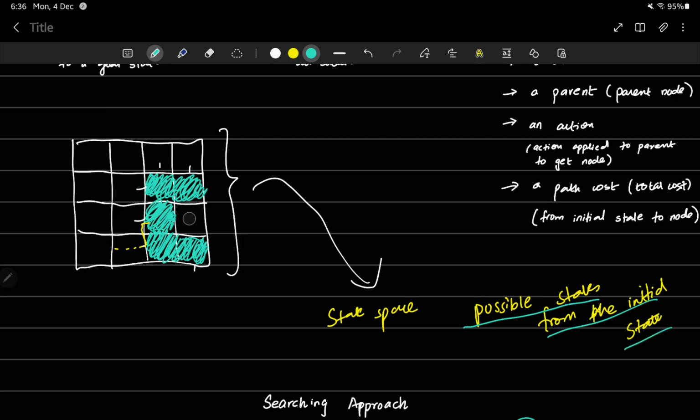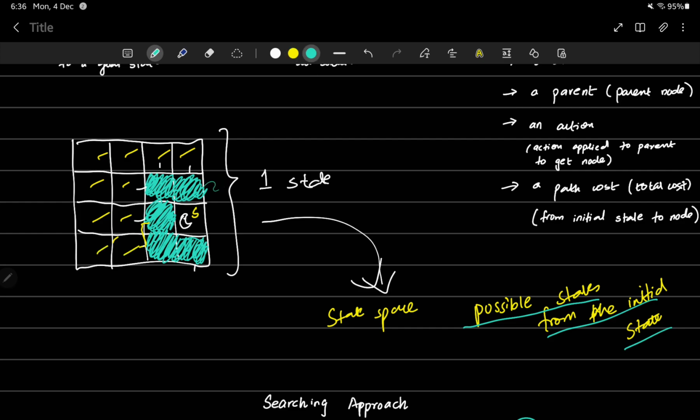Now an interesting example would be, let's say this was my initial state, this was my starting state. Now look at the difference. Now this one state would be my state space. Why? Because I cannot go here or anywhere, right?